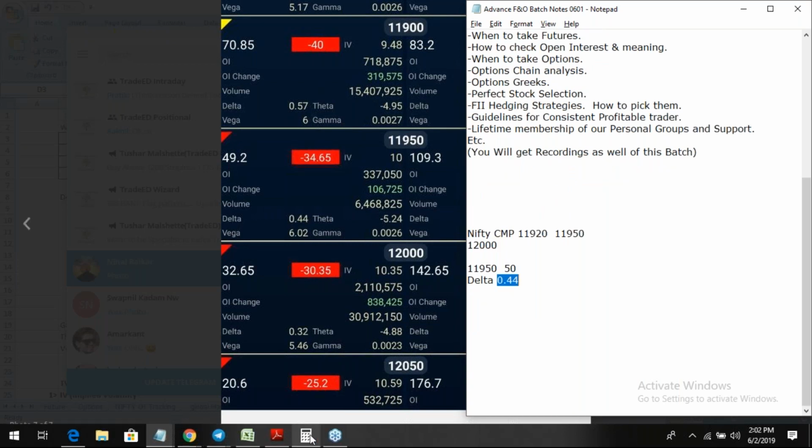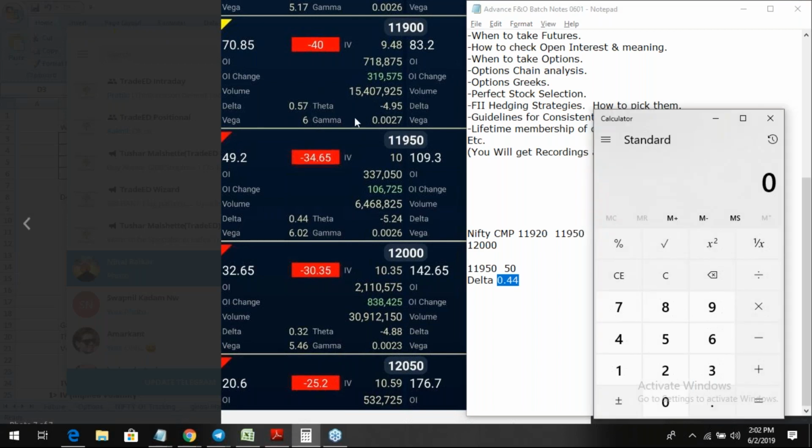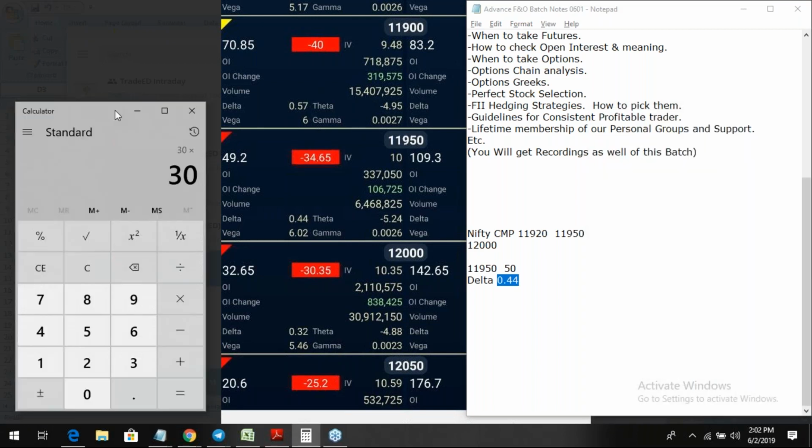That means if Nifty goes 30 rupees up, your premium will increase by 13 rupees 20 paisa. So your call rate will be 63 rupees 20 paisa.